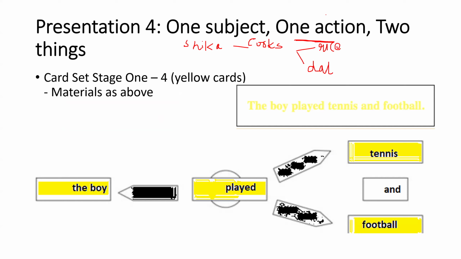When you are connecting with yourself, it becomes easy. So one subject, one action, two things. I can say Shika cooks rice and dal. What is my action? This. Who cooks? How should my arrow be? Towards the subject, yes. So we mark the subject arrow towards that side, towards Shika. It has to go this way.